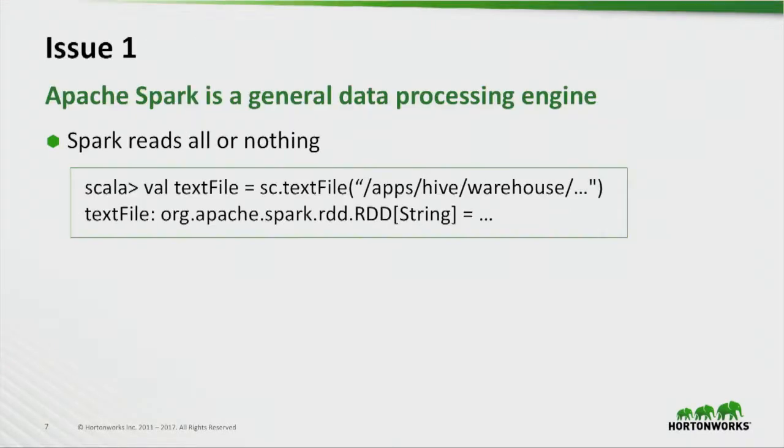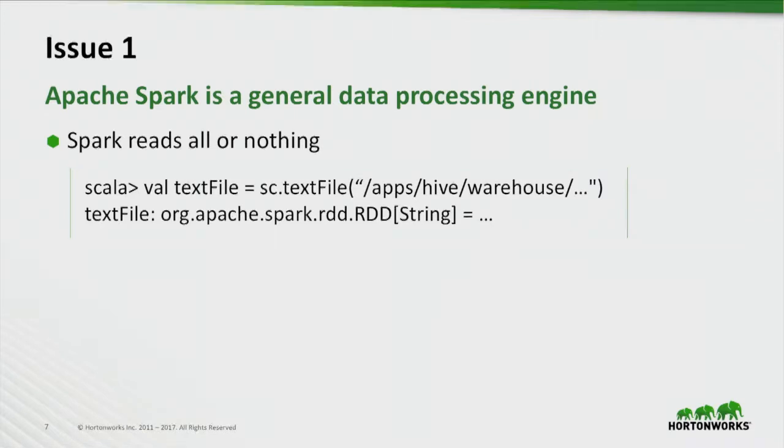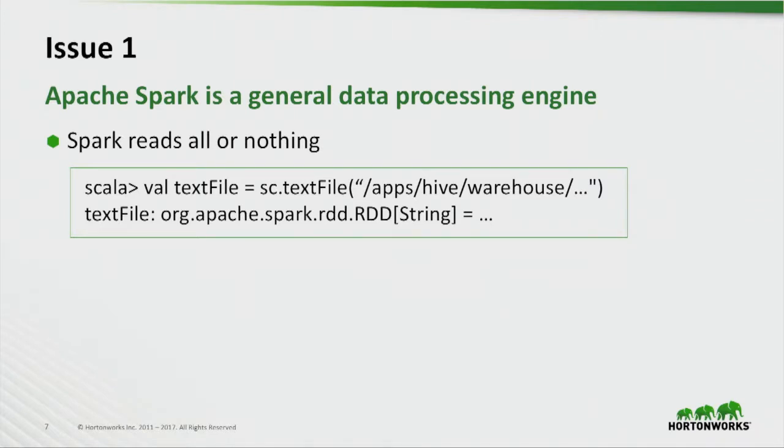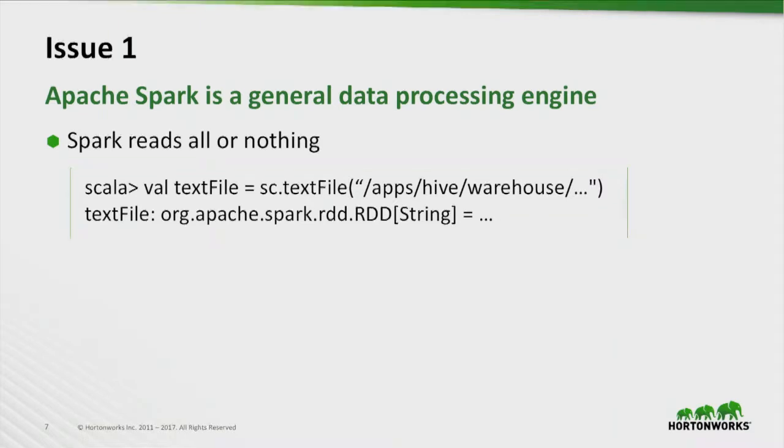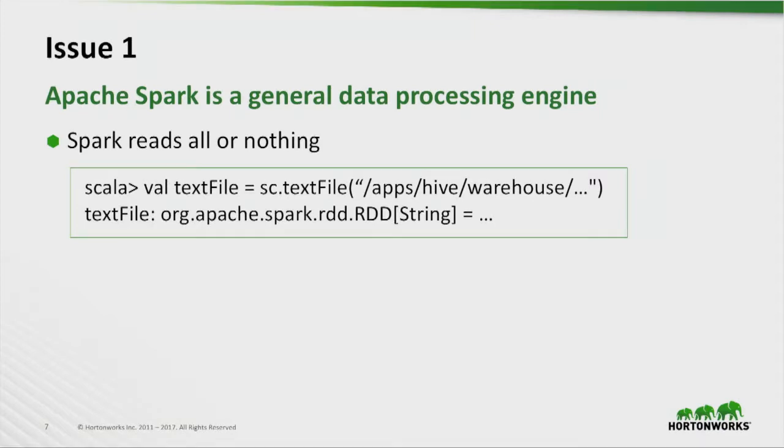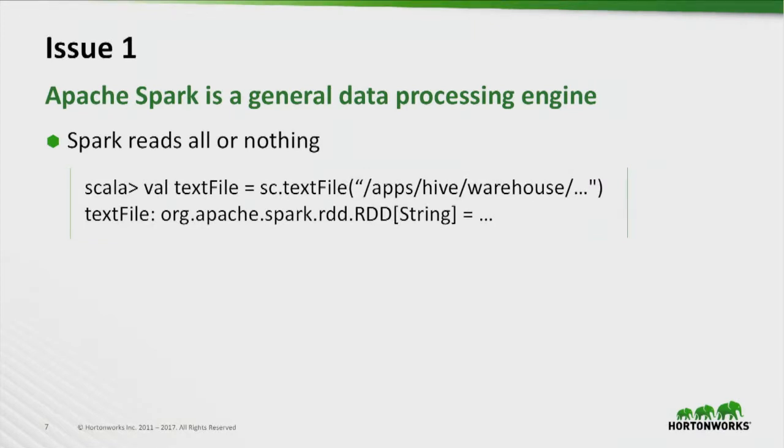The first issue is that Apache Spark is a general data processing engine. So if Spark can read a file, it can do anything. For example, in this case, it just directly accesses the warehouse. It means it reads every row and every column, so there is no fine-grained security here.